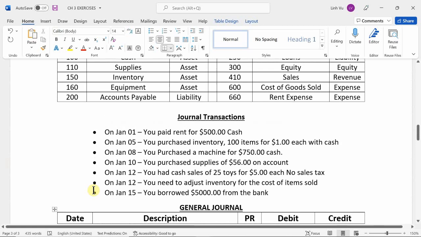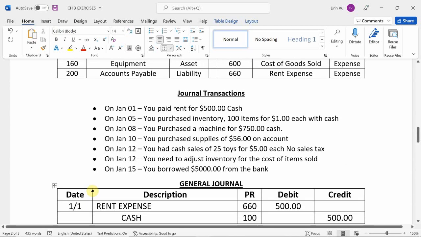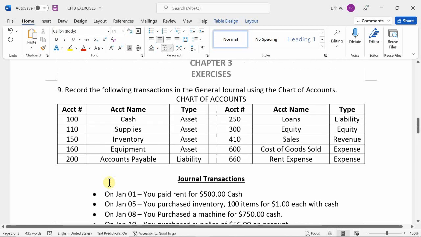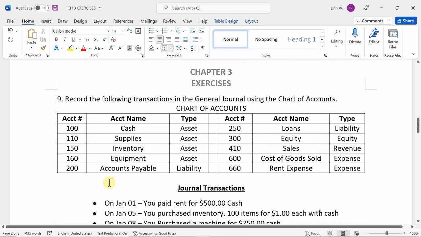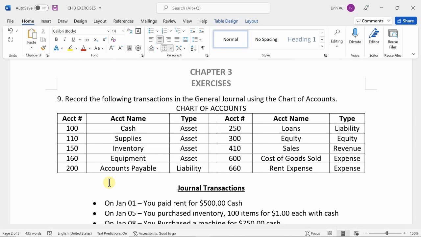All right, last one here is going to be January 15. You borrowed $5,000 from the bank. Okay. So we gained a loan. We borrowed money.